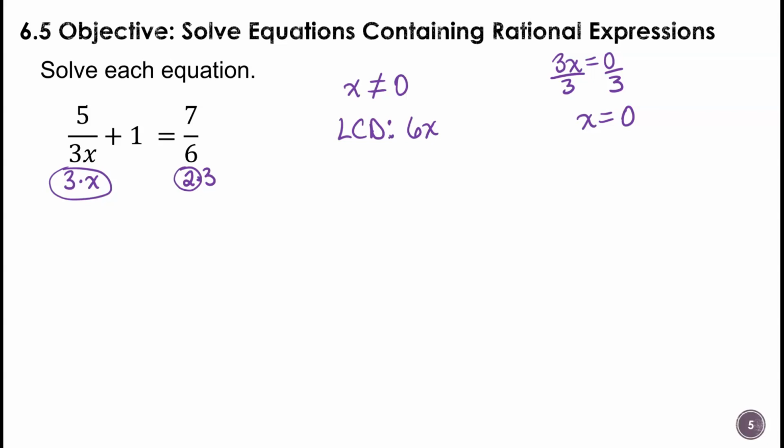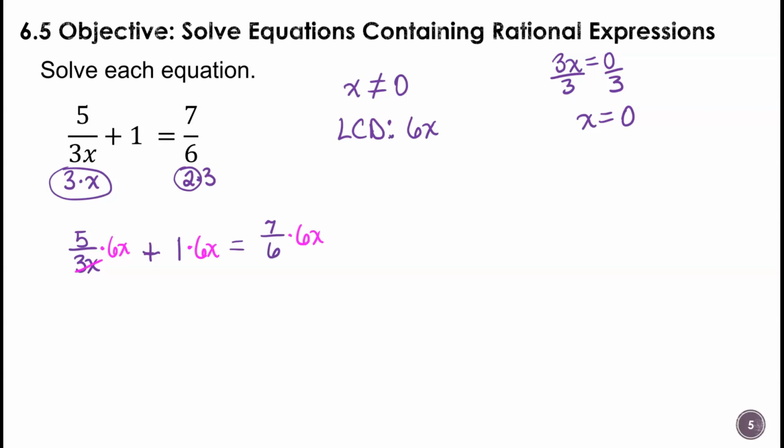Okay, so I'm going to write this all out because I like you to write this in such a way that it's going to be easy to eliminate your fractions, and you're showing each one of those. And then we're going to multiply every term times 6x. And we can't leave anything out, so you can't leave the 1 out, right? You have to multiply all of them by the 6x.